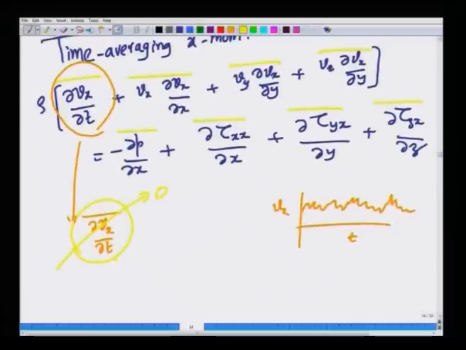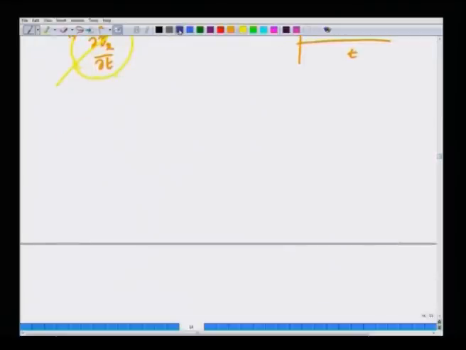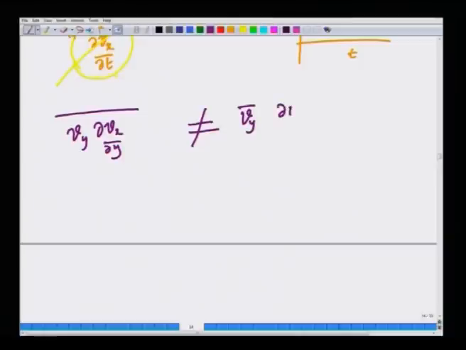Okay. Now, let us look at any of these terms. For example, they are all similar, they involve a product of two terms. This is the convective nonlinearity that is in the Navier-Stokes equation. So let us look at V y partial V x by partial y. Now, this is the average of two products, but the average of two products is not equal to the product of the averages in general.